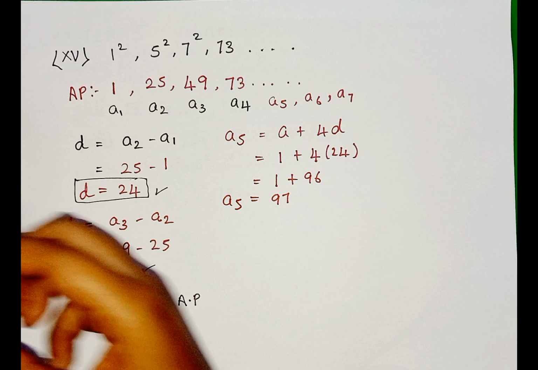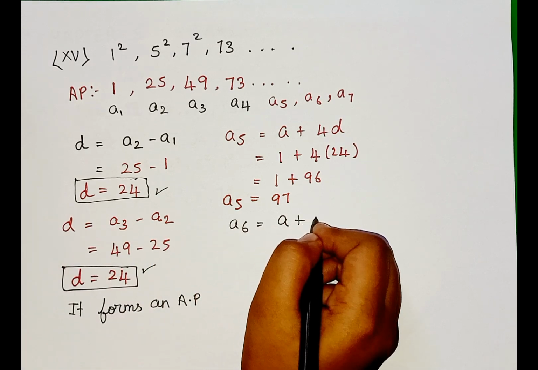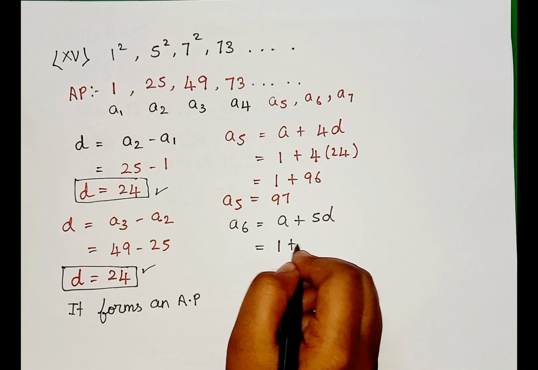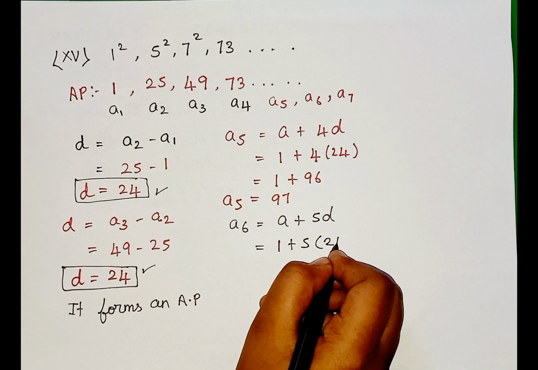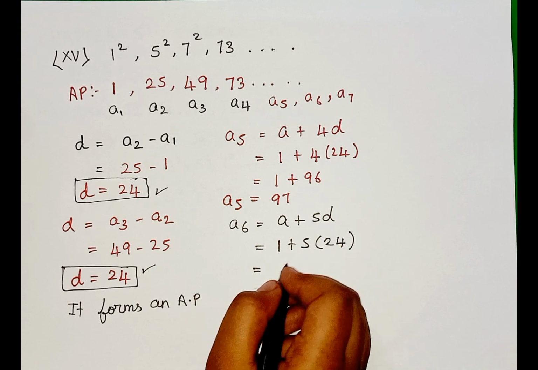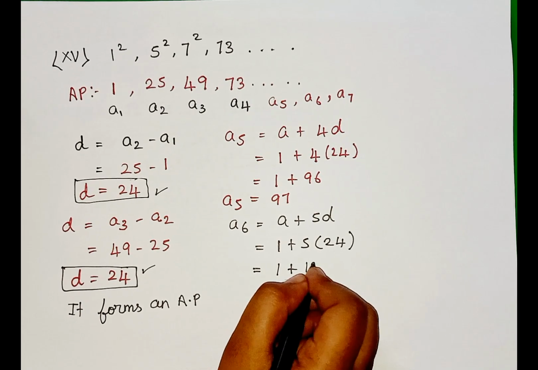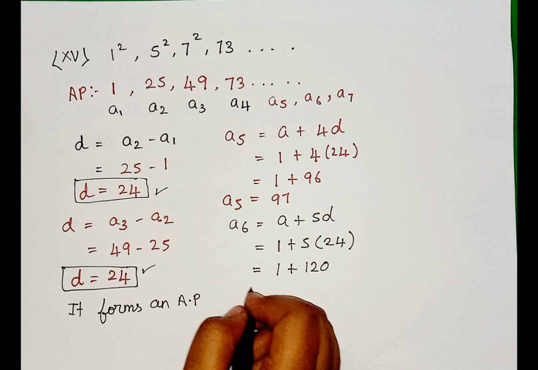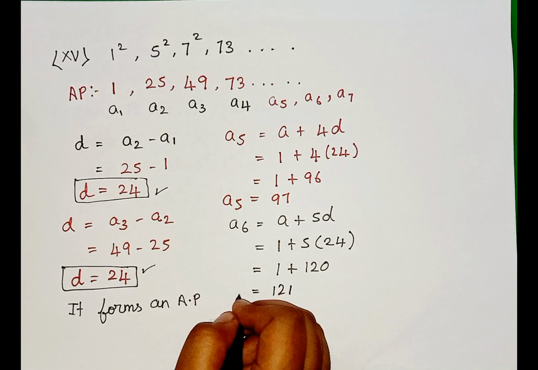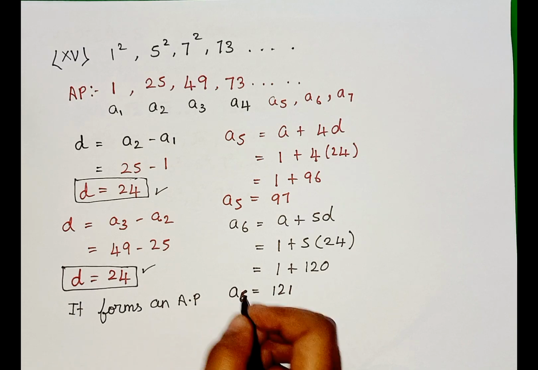Now let us find the A6 value, that is A plus 5D, is equal to A value is 1 plus 5 into 24. Why? Because the D value is 24. Perfect. So now 1 plus 5 into 24 is 120, and then is equal to 1 plus 120 is 121. So this is our A6 value.